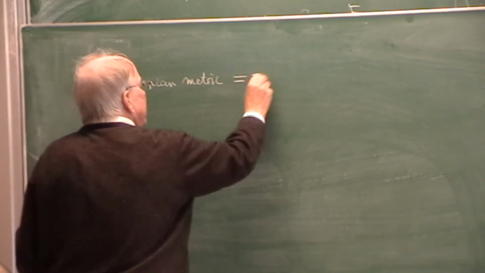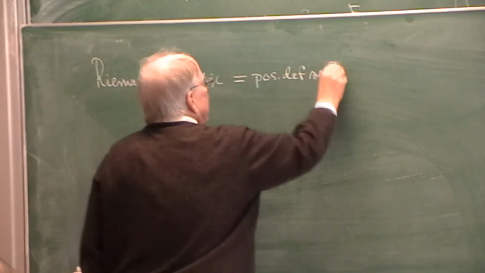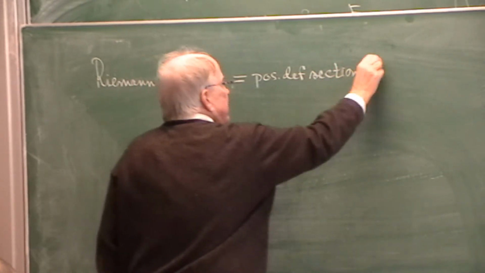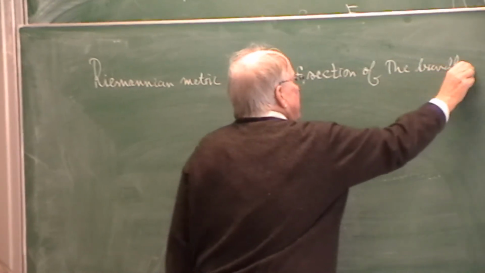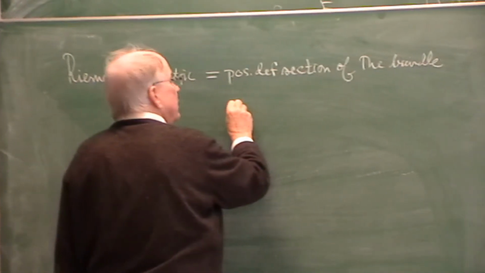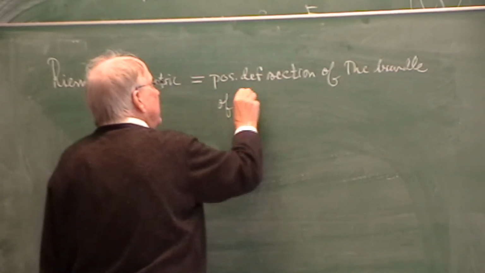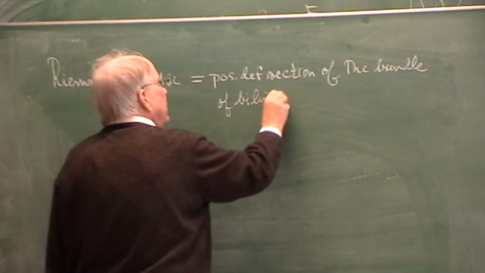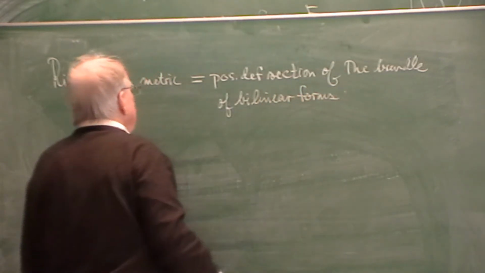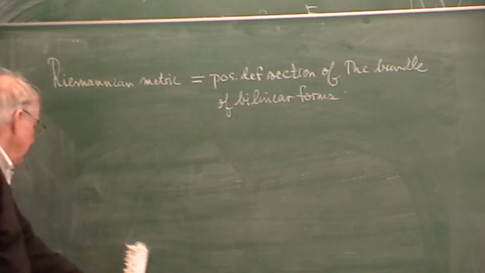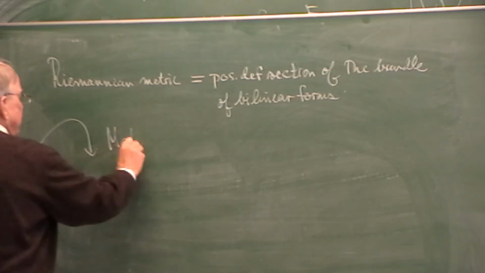It's a positive definite section of the bundle of bilinear forms. Definition. And associated to this is what we call a metric connection.